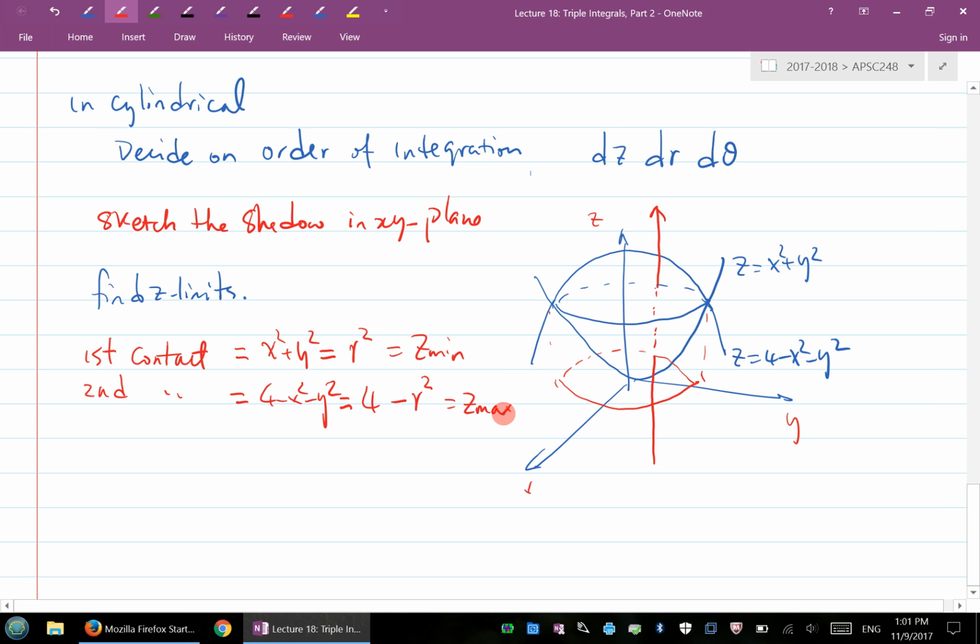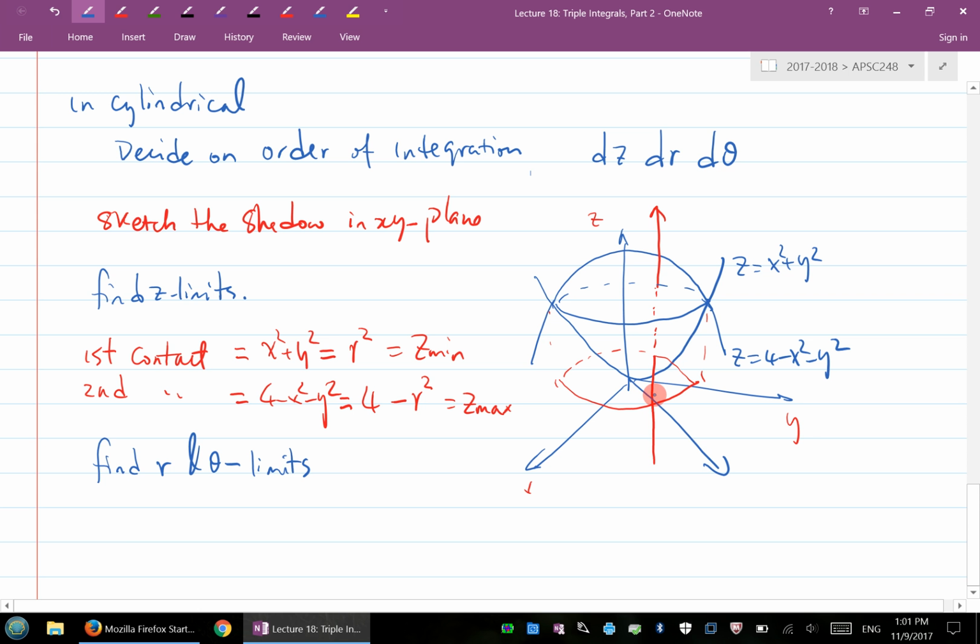To find the r and theta limits, I'll put them together here. That's where you focus on the shadow. In the shadow, you draw arrow lines, reading lines, out of the origin across the shadow, just like you do with polar coordinates. Your r min is the first contact and r max is the second contact.